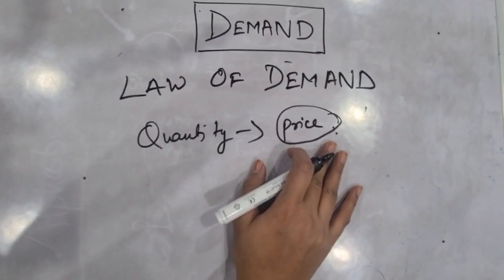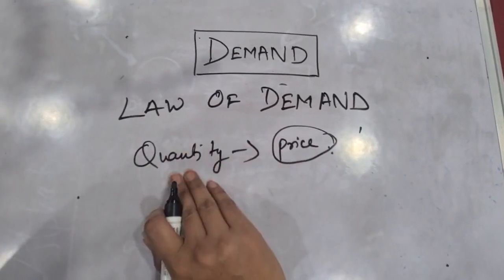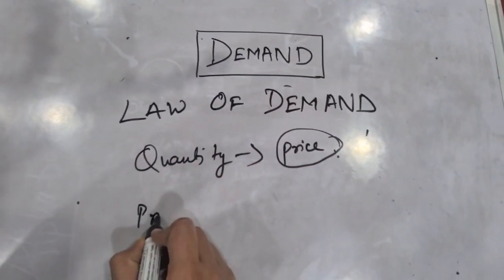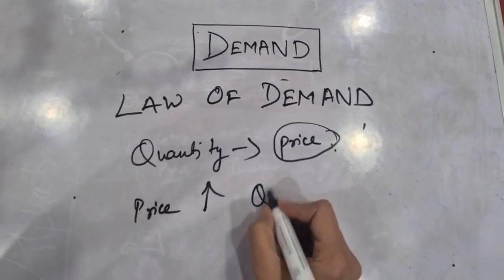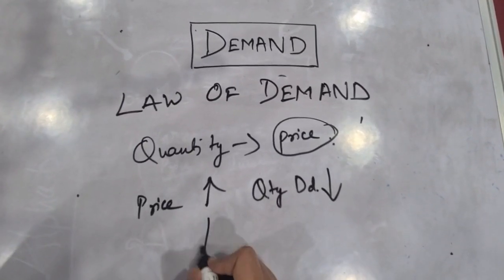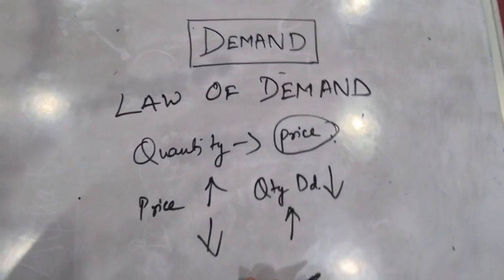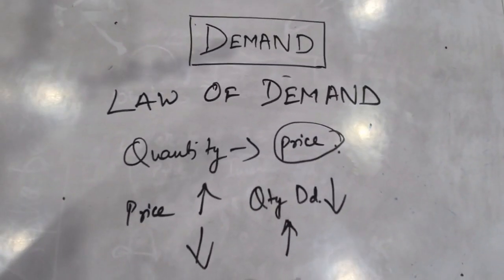There is no change in income. And what is the effect of price on the quantity demanded? When price increases, the quantity demanded decreases, and when the price decreases, quantity demanded increases. Now we are going to see the law of demand.